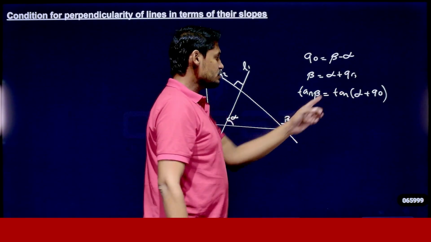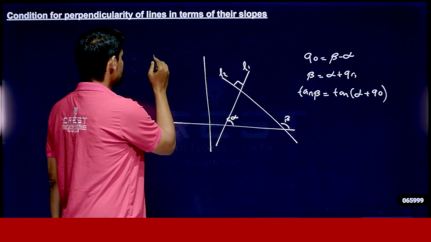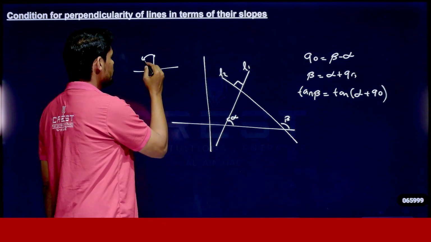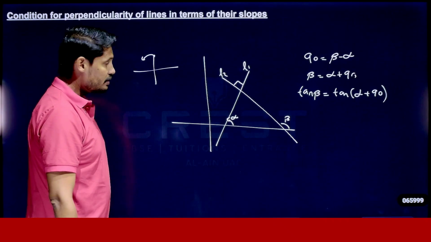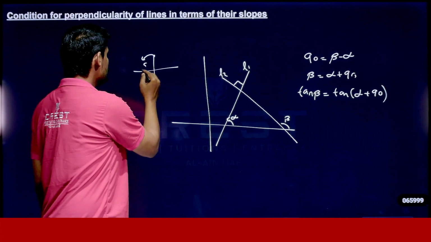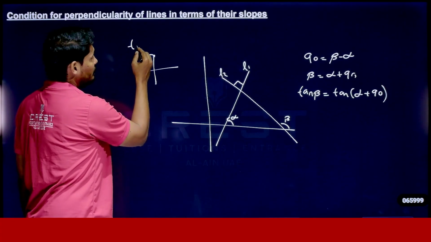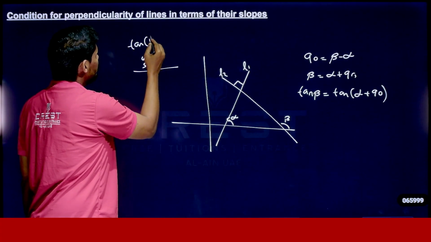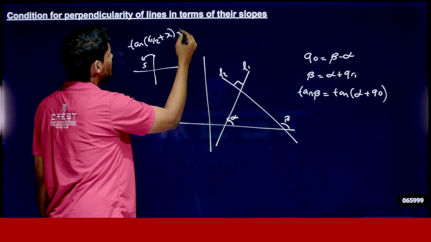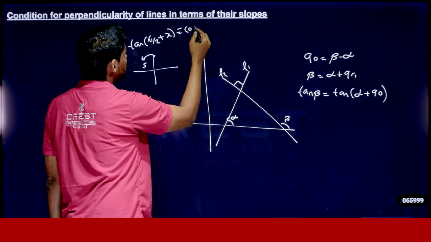We know in trigonometry that 90 plus alpha lies in the second quadrant. In the second quadrant only sine is positive, and we know that tan of 90 plus x is always minus cot x.